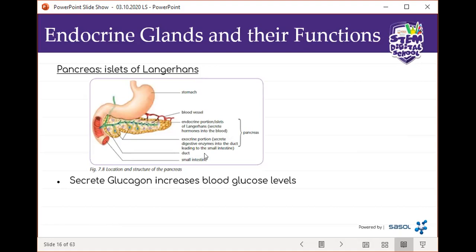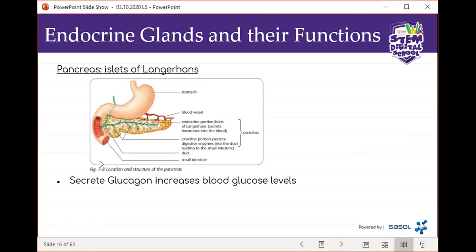Okay, so islets of Langerhans, we have the secretion of glucagon, right, which increases blood glucose levels, right? So in the islets of Langerhans, we have alpha as well as beta cells, right? And then the alpha cells are the ones that secrete the hormone glucagon, right?